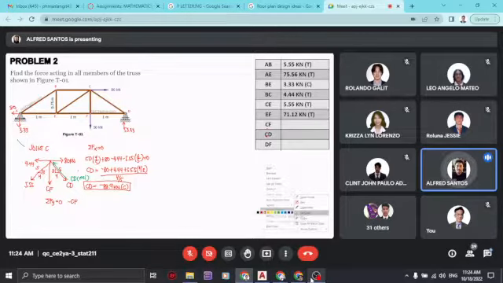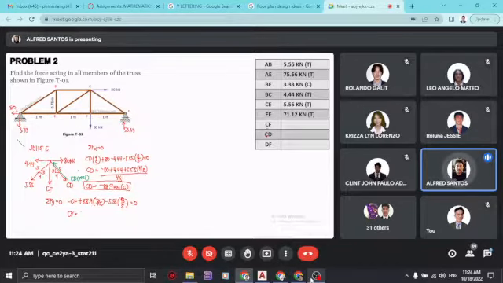So kung magsa-summation Fx tayo, magiging negative pala si CD. Summation Fy, so positive siya, no? Pataas. So this is 88.9 times 3 over 5, and then minus natin yung 5.55 times 3 over 5, sorry, is equal to 0. So this is your CF.